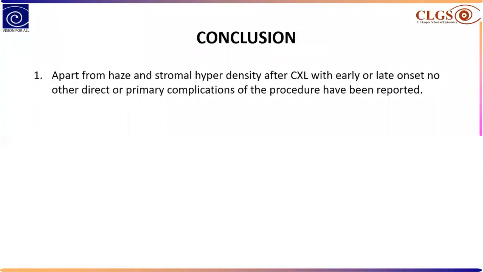To conclude this talk, apart from haze and stromal hyperdensity after CXL, with early or late onset, no other direct or primary complications of the procedure have been reported.